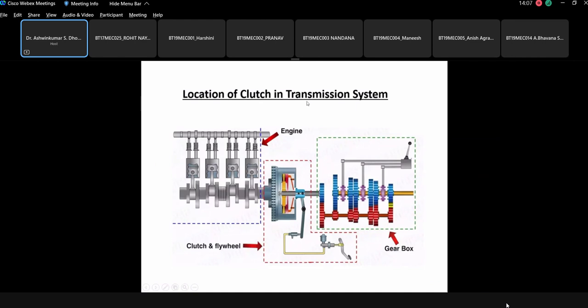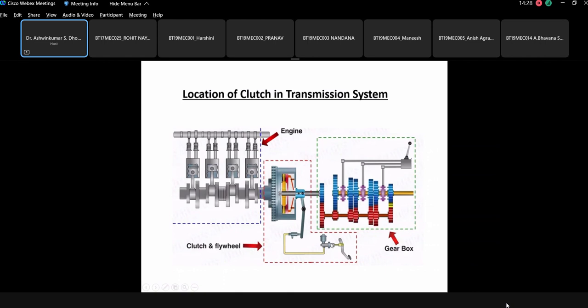Here the location of clutch in the transmission system is: this is the engine, this is the flywheel, and the complete location in the red box shows the clutch and flywheel assembly. This is the clutch, this is the clutch operating lever.